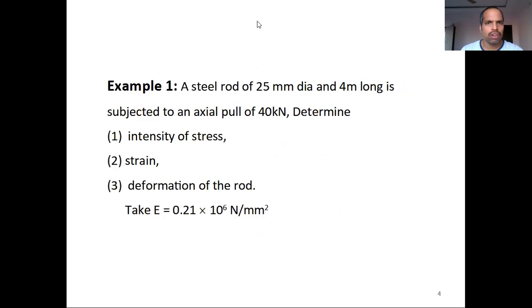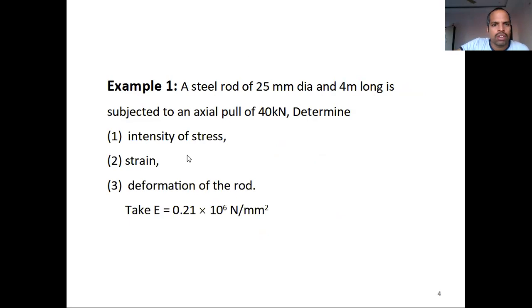Right, now let us go to today's topic, that is problems on different calculations of stresses and strains. Now a steel rod of 25 mm diameter and 4 meters long is subjected to an axial pull of 40 kilonewtons.